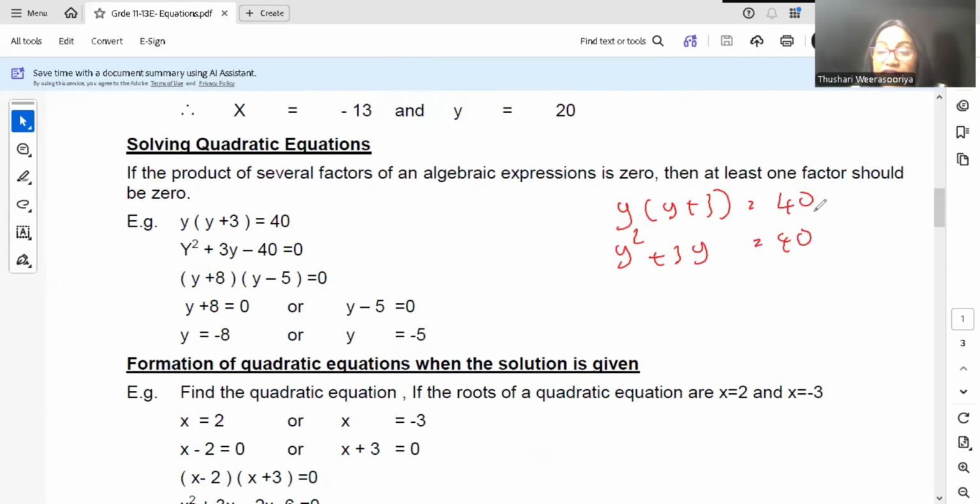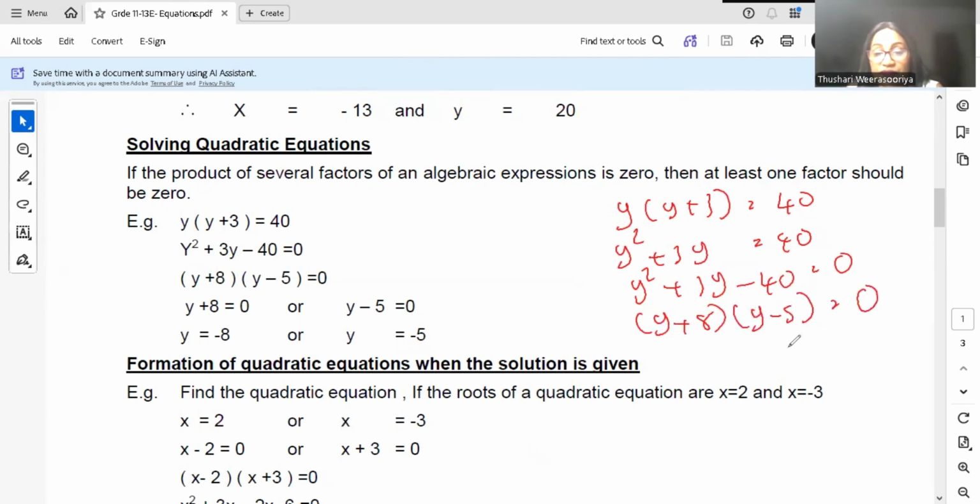In quadratic equations, we take all the terms to the left-hand side and make the right-hand side 0. y squared plus 3y minus 40. Now we factorize this. Actually, this is factorizable, right? I won't show you how to factorize. You know how to do it. You factorize this, right? Then once you factorize, you can break into pieces.